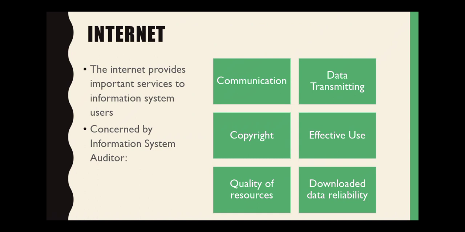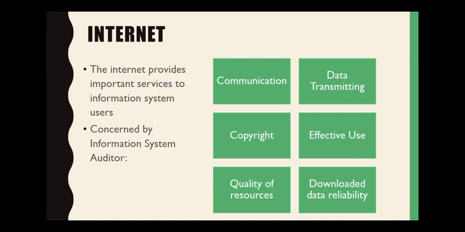The internet provides important services to information system users, but the main concerns for the information system auditor are, the first is communication. If we talk about communication, we talk about data privacy, about who is communicating. So yeah, something like that.